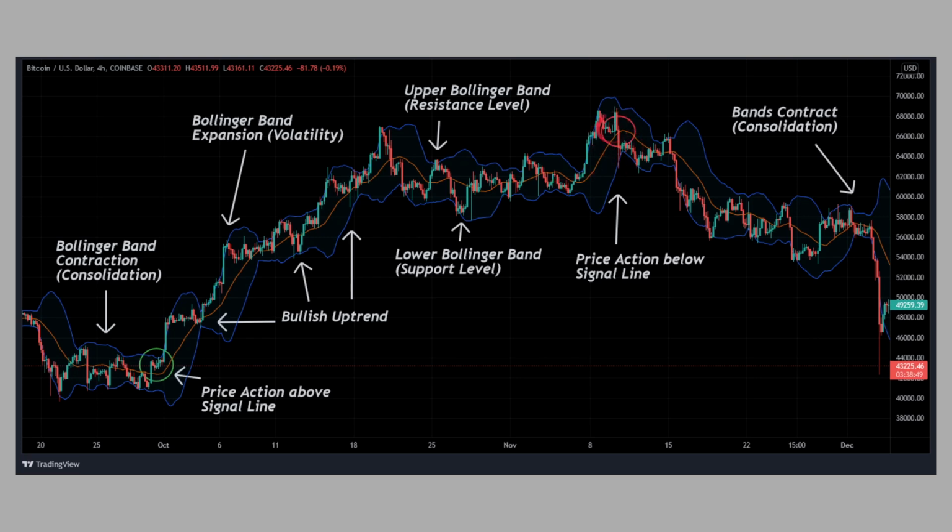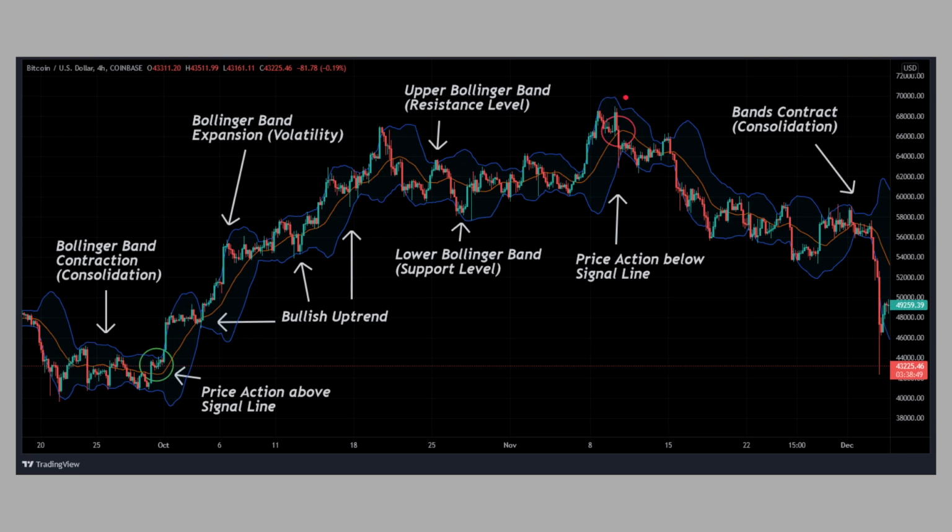Here we see the price action fall below the simple moving average, the signal line, and this is an indication of a bearish trend, where now we're seeing this widening of the Bollinger Bands and an overall rejection from the top Bollinger Band resistance level. We're failing to see significant candle closes above that. We're seeing just general touches.